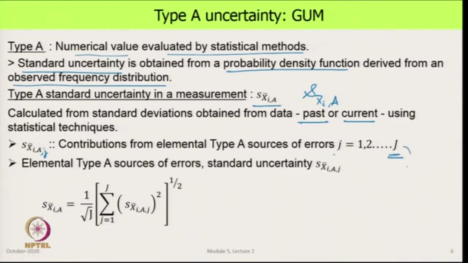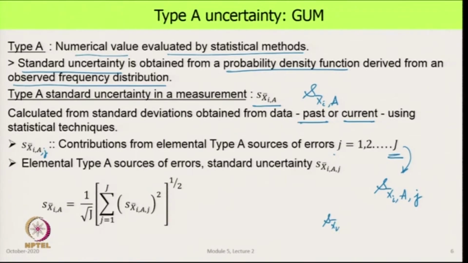So, that is an elemental uncertainty that is coming in x bar i, which is the measurand, type of error A, j denotes how many sources of error there are, and from each one of them what is it that we are getting.